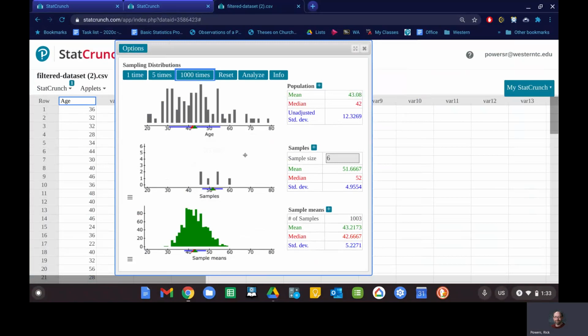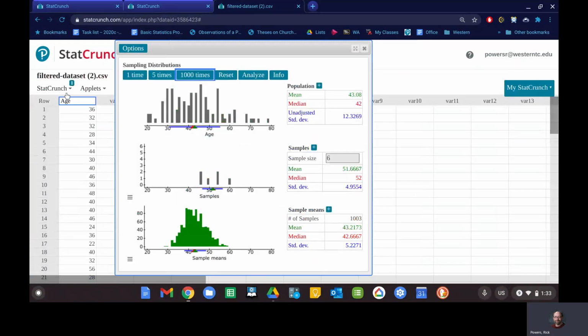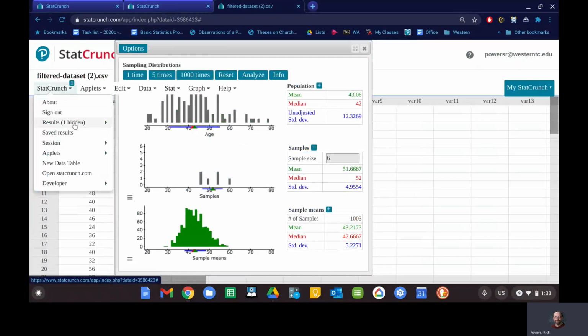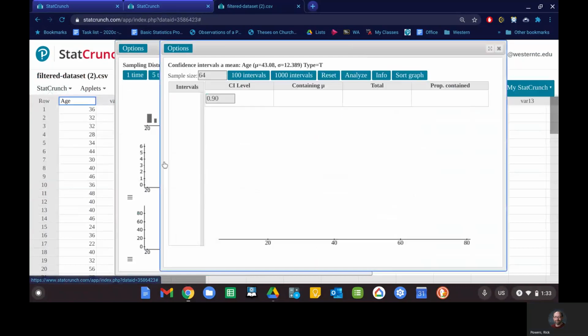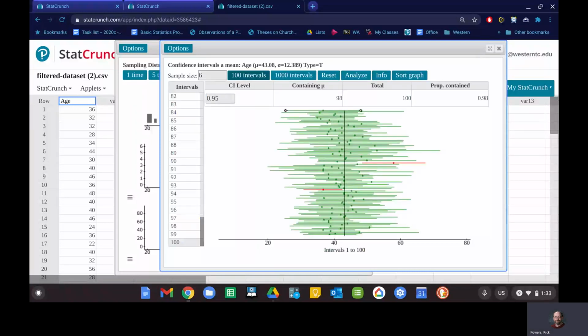So if I take a look at my confidence interval, try again. Based on this, if I say I want a 95% confidence interval, but my sample size is just 6 instead of 64, well, then they have to be really wide by comparison, right?